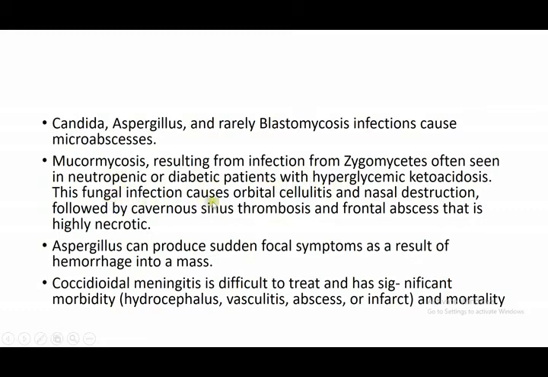And in neutropenic or diabetic patients, especially those with hyperglycemic ketoacidosis, this fungal infection causes orbital cellulitis and nasal destruction, followed by cavernous sinus thrombosis and frontal abscess that is highly necrotic. Commonly, we see in our setting this nasal infection ultimately destroying the nasal bones and causing CNS invasion, invasive mucormycosis, especially in diabetic patients or those with other immunocompromised status.